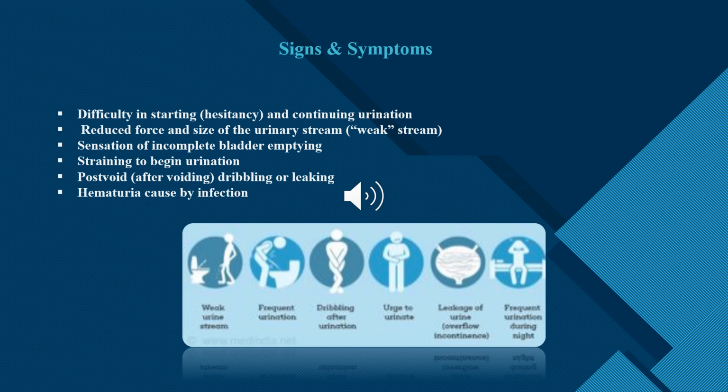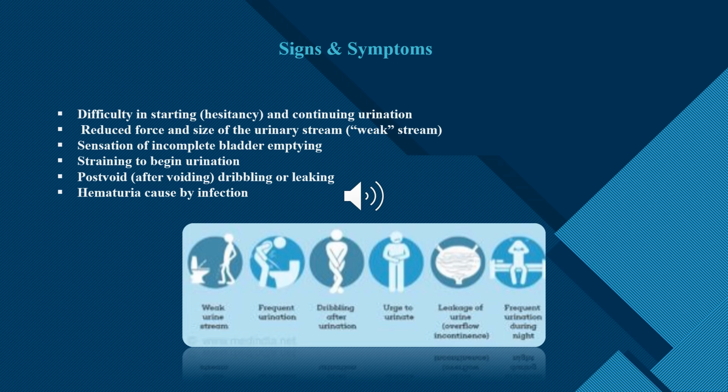Initiating urination and the force of the stream lead the nurse to assess the severity of symptoms. Also, the patient is going to have reduced force and size of the urinary stream.